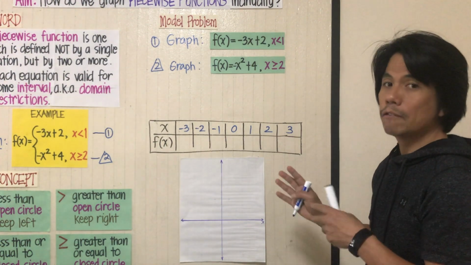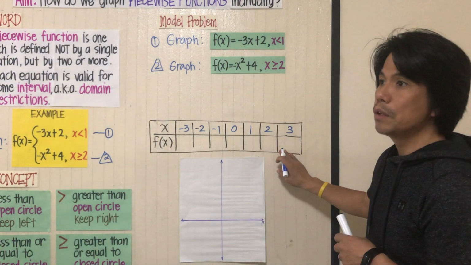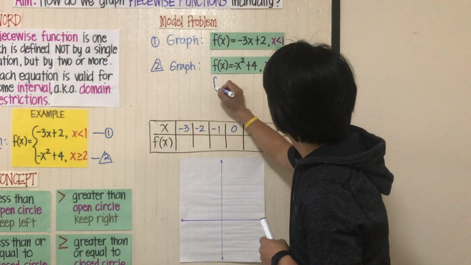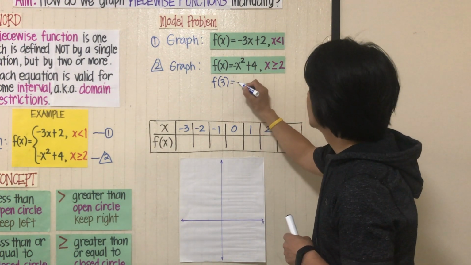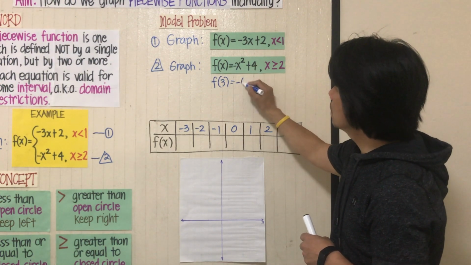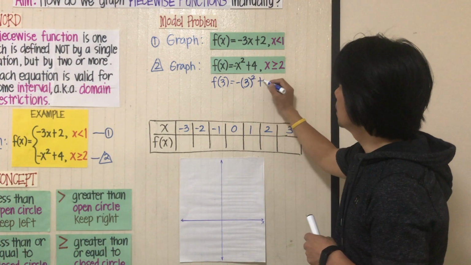These are predetermined values of x. As you well know, it's easier if we use positive numbers first. So this will be f of 3 equals, notice that there's a negative before the x, so we're going to put the negative and then parentheses 3 to the second power plus 4.